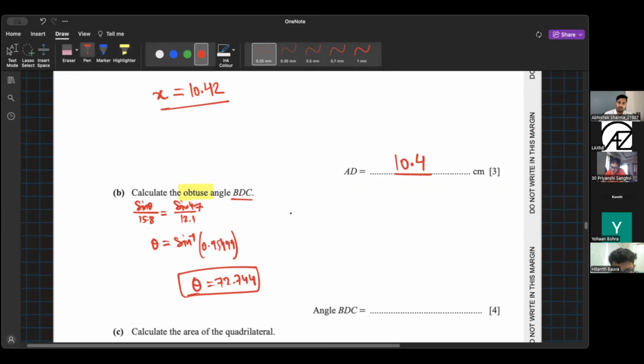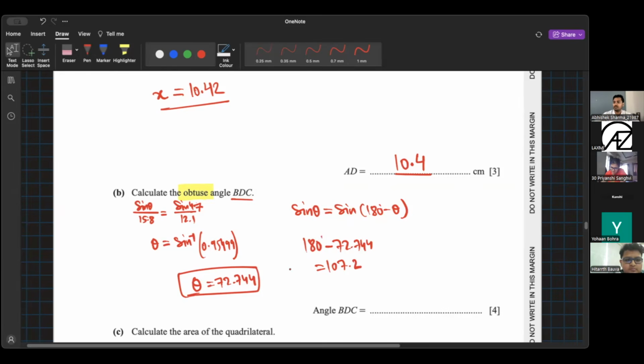In ASTC, sine is positive in the second quadrant, so we subtract from 180. So we can simply do 180 minus 72.744 and we are getting 107.2, or rather 107.25. So it can be written as 107.3 degrees.